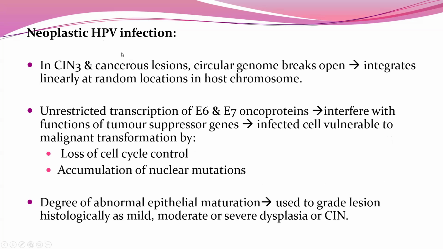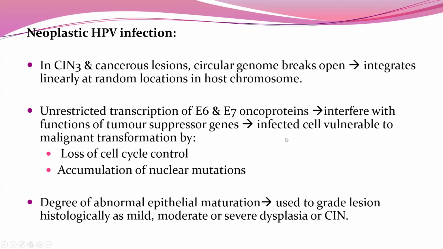Neoplastic HPV infection, on the other hand, is seen in cervical intraepithelial neoplasia grade 3 or cancerous lesions. The circular genome breaks open and integrates its DNA at random locations in host chromosomes. When transcription of E6 and E7 oncoproteins is unrestricted, they interfere with the functions of tumor suppressor genes.